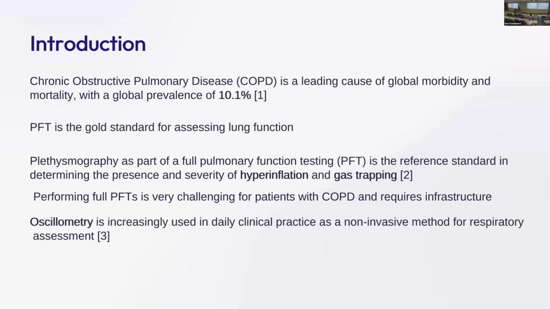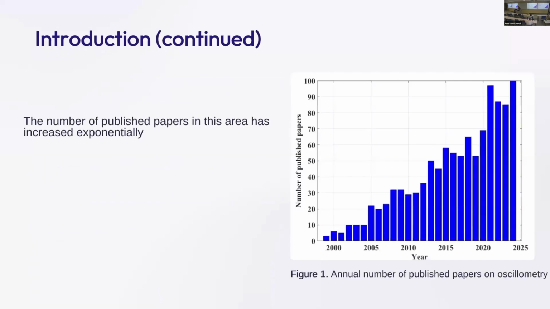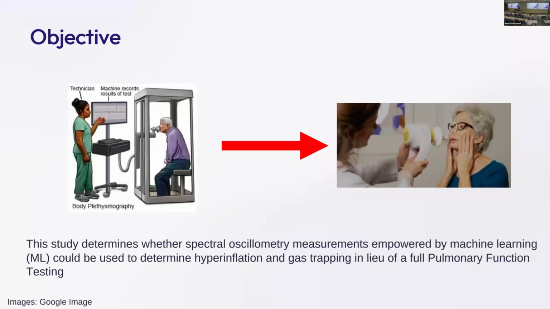No surprise, on the other hand, we have oscillometry, which is non-invasive and can provide some information about lung mechanics. If we look at the literature, we can see that the number of published papers on oscillometry is exponentially increasing, which means oscillometry is receiving a lot of attention in the research community.